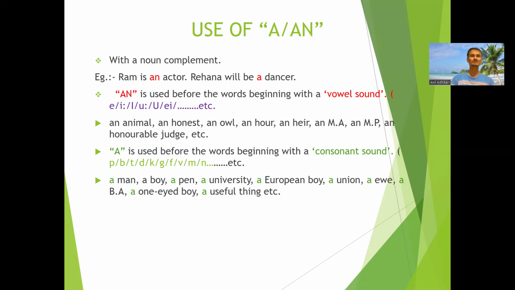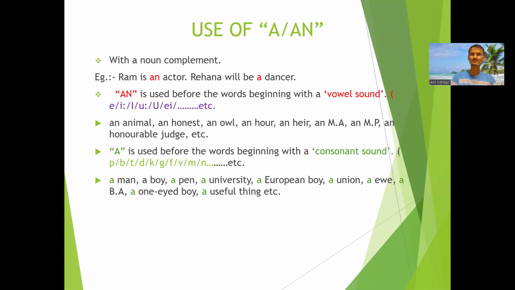Now, for example, you can see here, a man. The initial sound is m. Similarly, boy. What sound is there? The b sound. That's why we use a boy, because we can count it, it is singular and has an initial consonant sound. Okay, now, a fan.